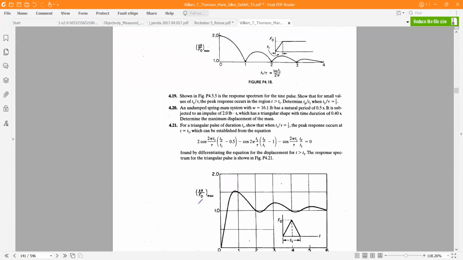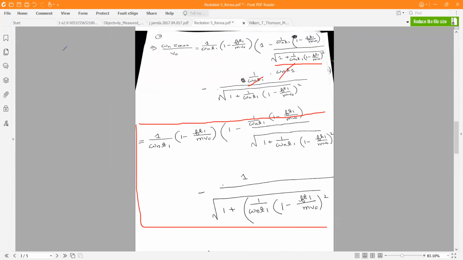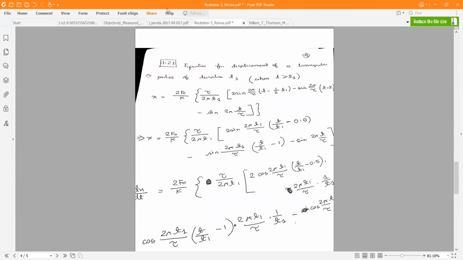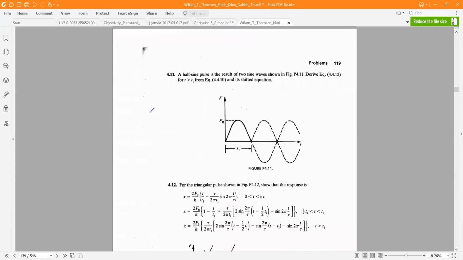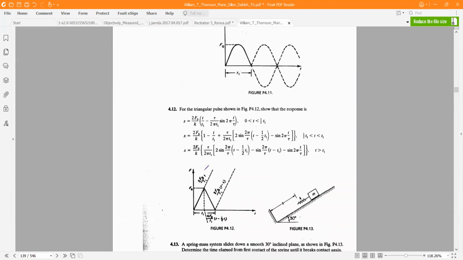So for that, we're going to start from the equation of displacement of a triangular pulse of duration t when t is greater than t1. You can find this equation from problem 4.12, when t is greater than t1.